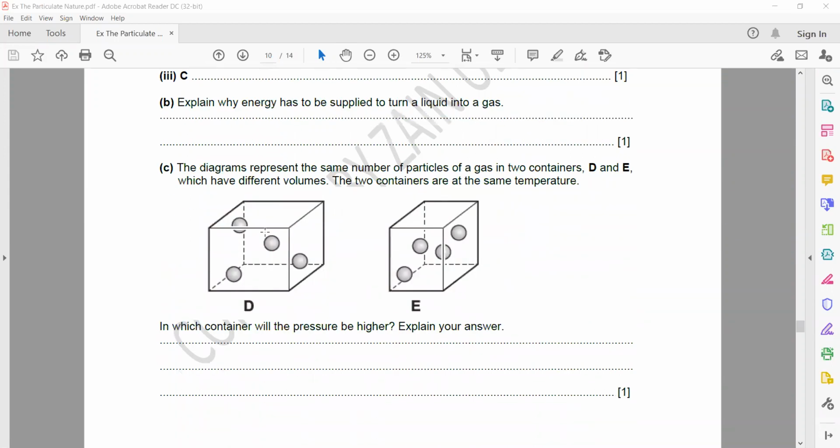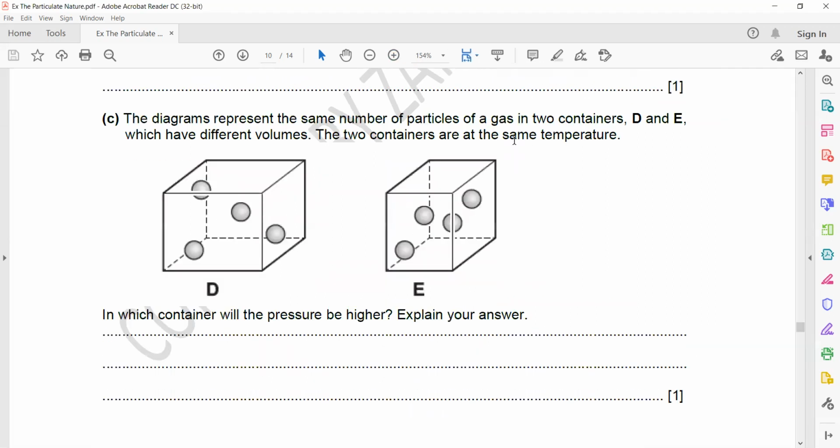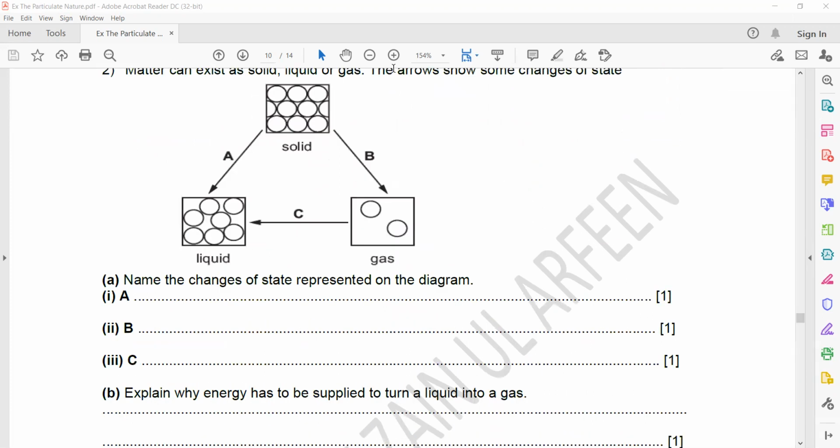In part C, the diagram represents the same number of particles of gas in two containers. If the temperature is not high enough, how would we be able to break the bonds or attraction? It does not depend on temperature. Even if you check the boiling point for some of the gases, the boiling point is -30.